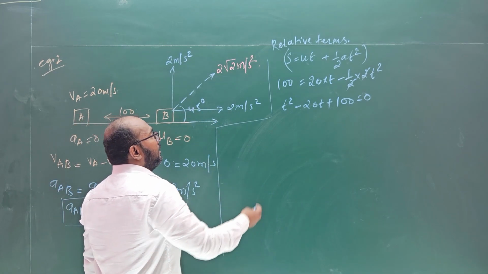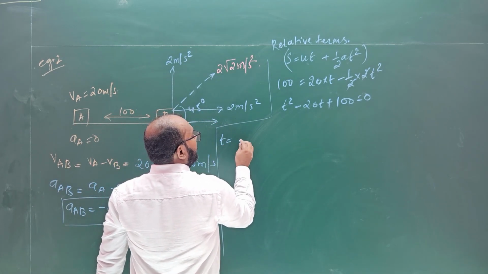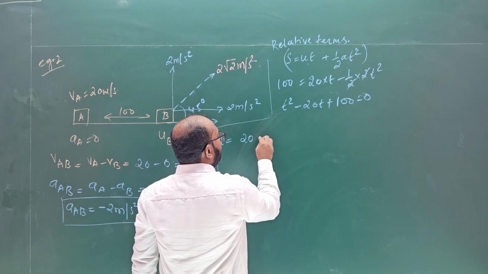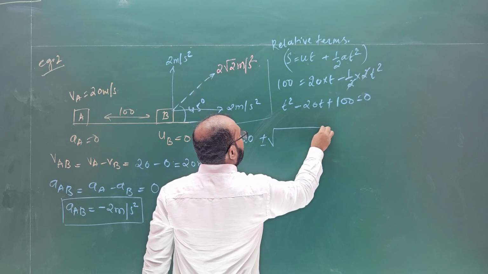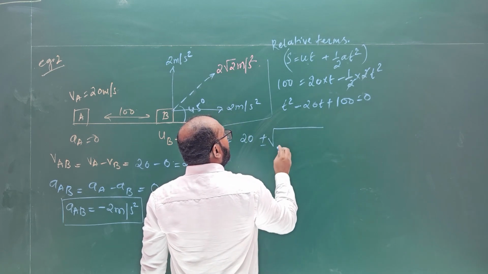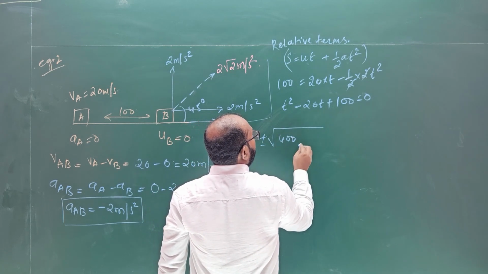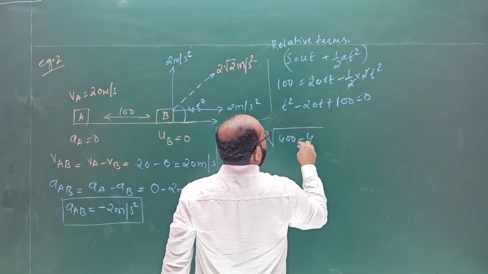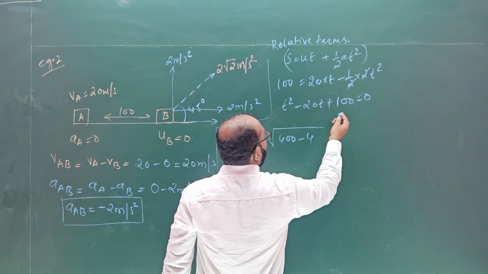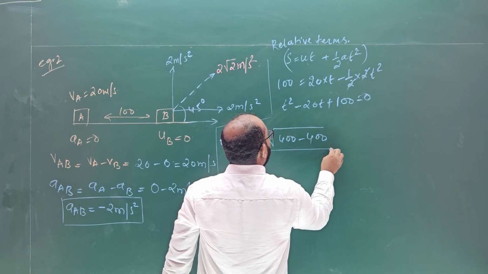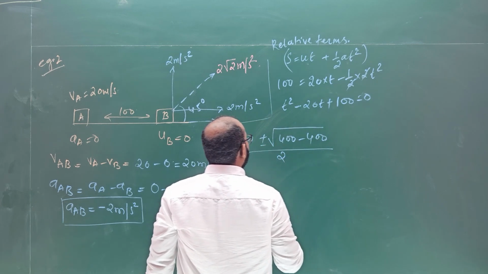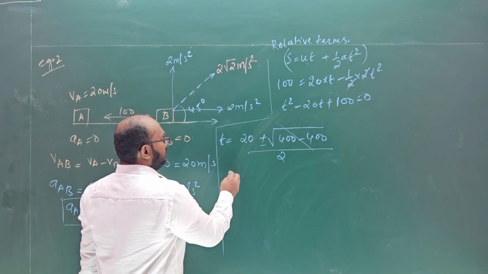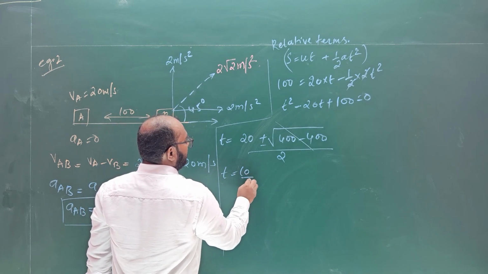Okay. Or substituting in the quadratic equation, then minus b, this becomes 20 plus or minus under the root of b square, that is 400, minus 4 into a which is 1, into 100, that is 400, upon 2a, that is 2. Can I cancel this? Can I? So t is equal to 10 seconds.